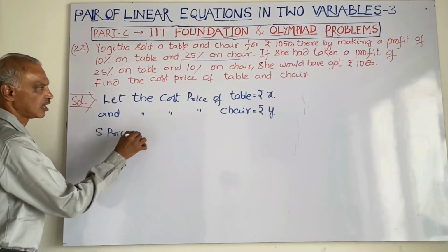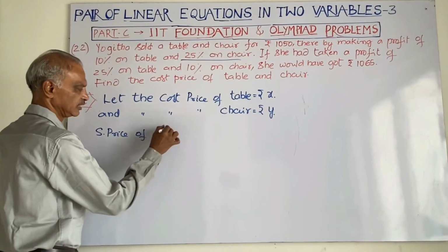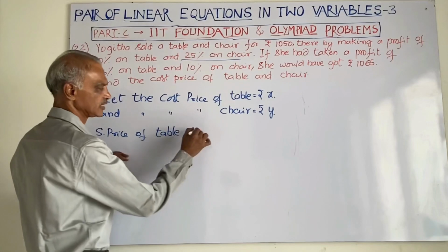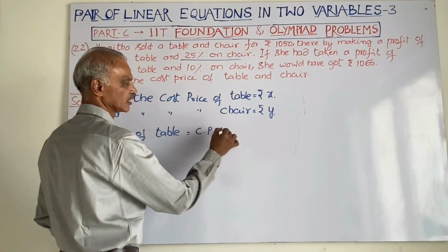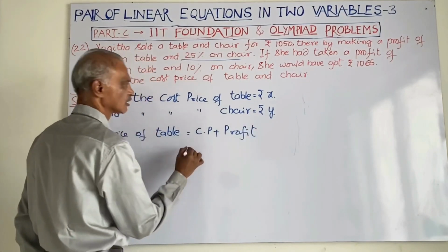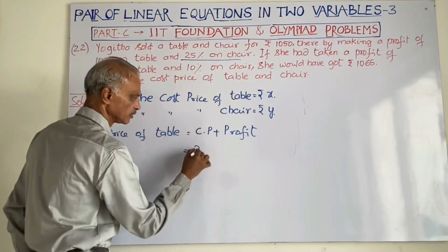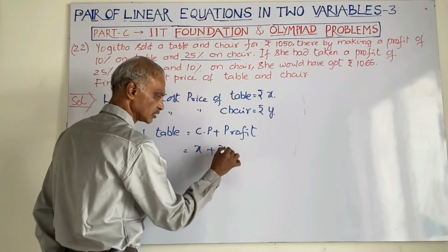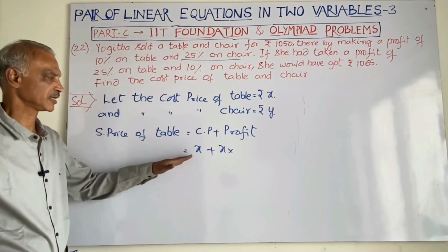Selling price of table I will take. What is the selling price of the table? Cost price plus profit. What is the cost price here? X rupees. What is the profit on cost price? The profit will be on cost price.